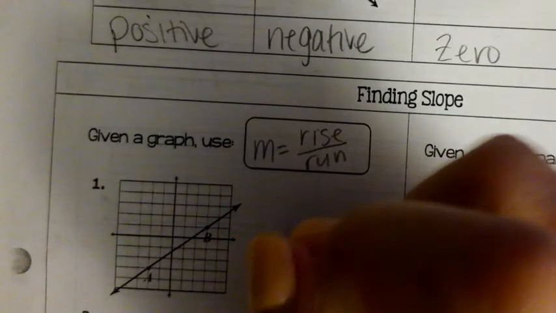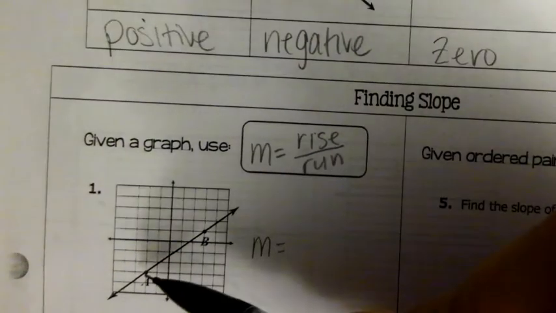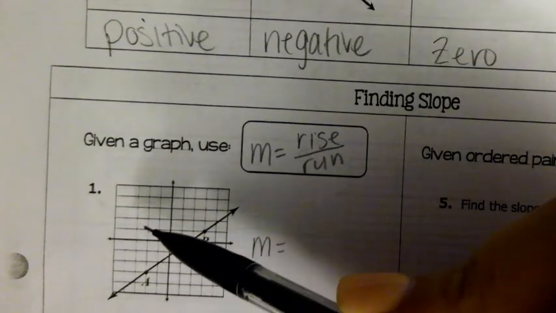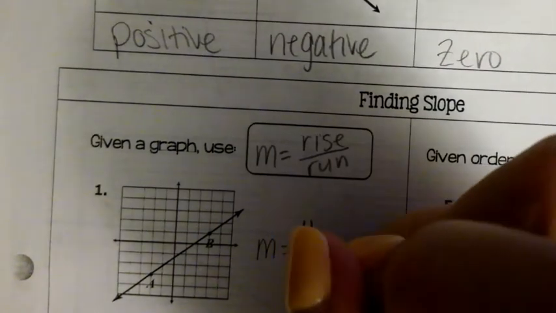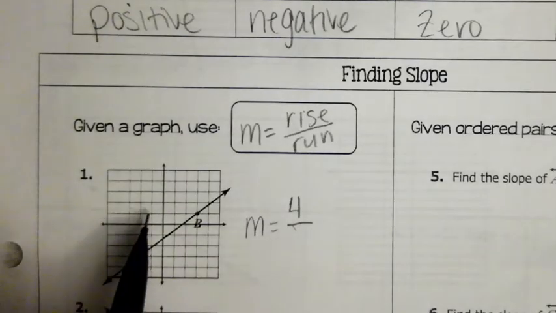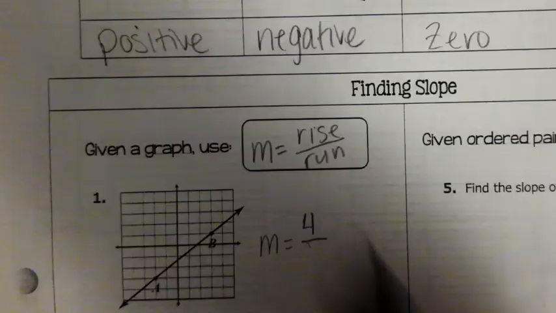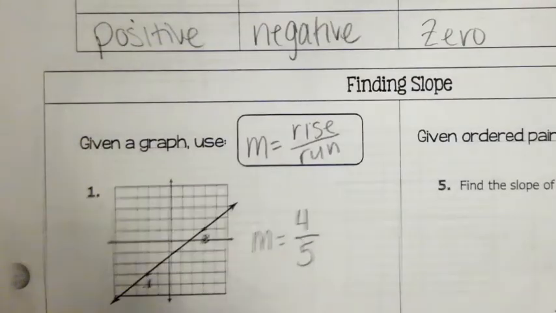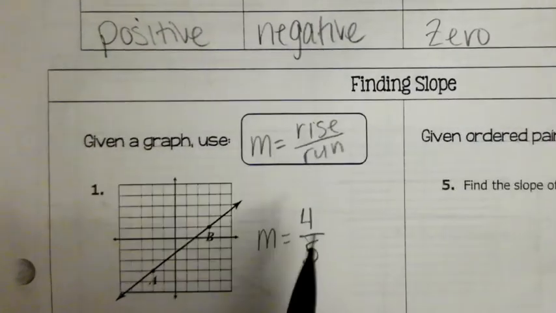If we count up, we have 1, 2, 3, 4, so we went up 4, a positive 4. And we went over 1, 2, 3, 4, 5. This is a positive 5 because we are moving in the positive x direction.